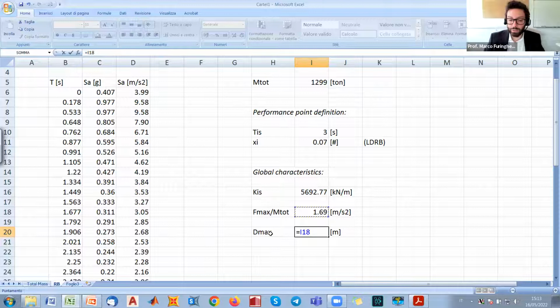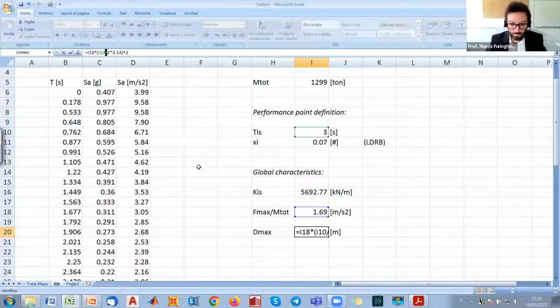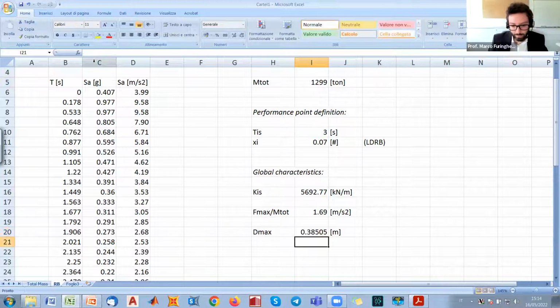So maximum displacement, which is the spectral displacement, equals the spectral acceleration times the period divided by 2 times 3.14 squared. Okay, I missed some brackets. Now everything is better.